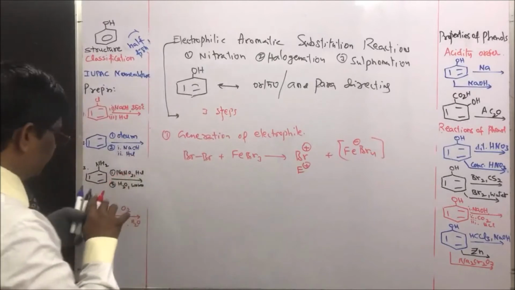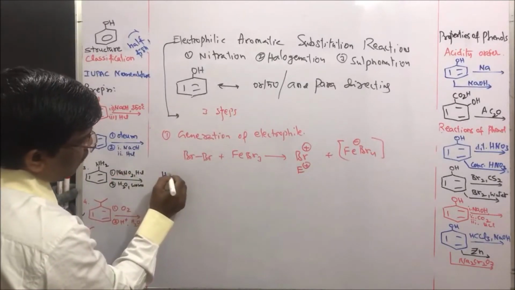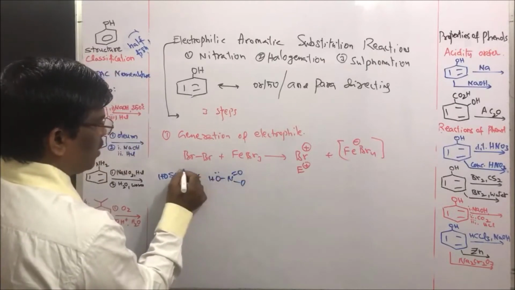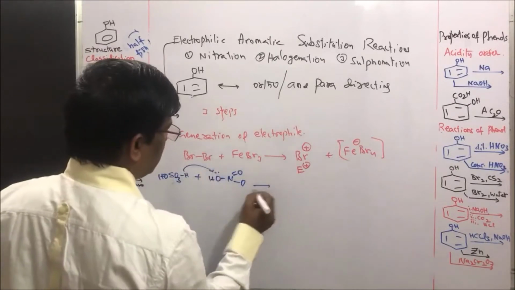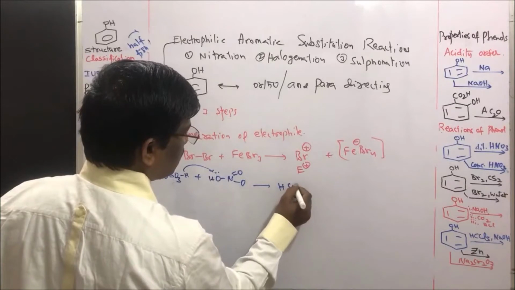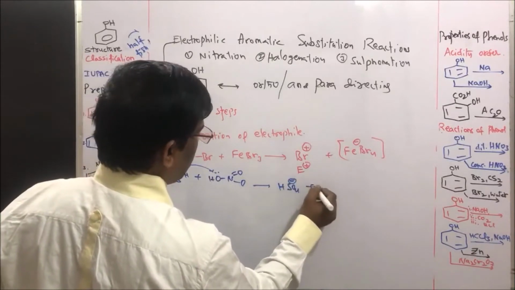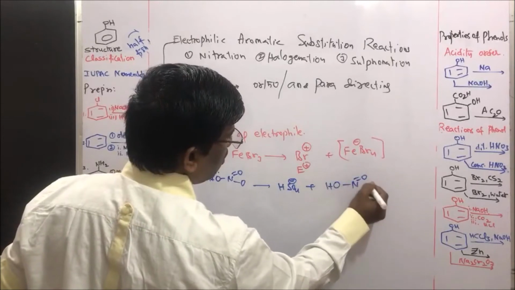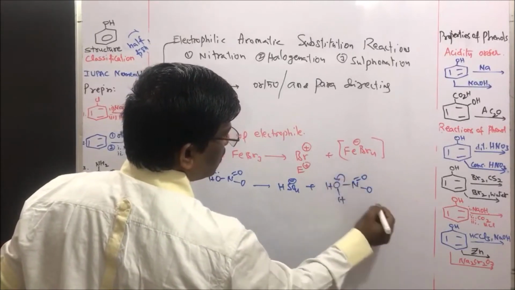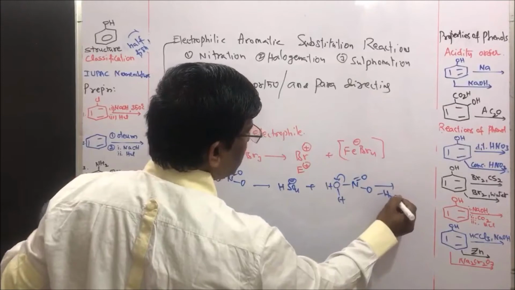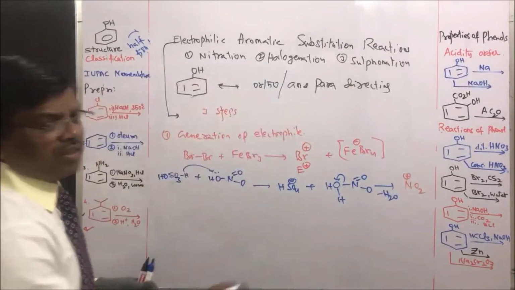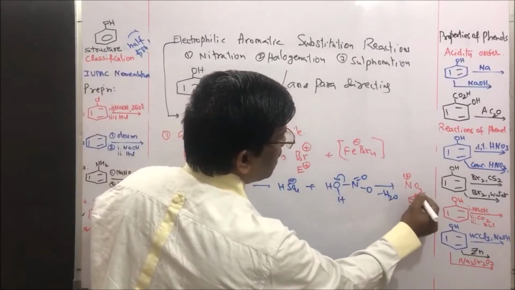And if I take nitric acid, HNO3, it is going to take up this proton and form HSO4 minus plus H2O+NO2, and it loses water to form the nitronium ion. Yes, so this is also one electrophile.